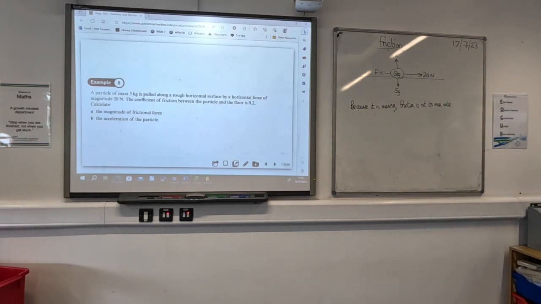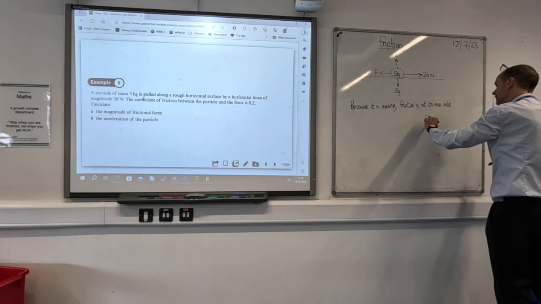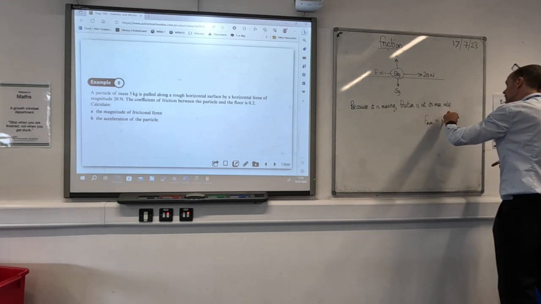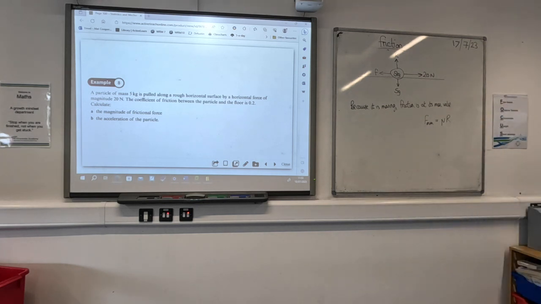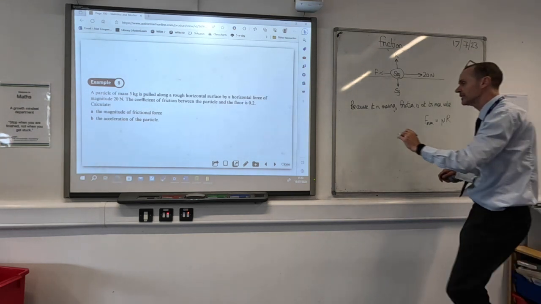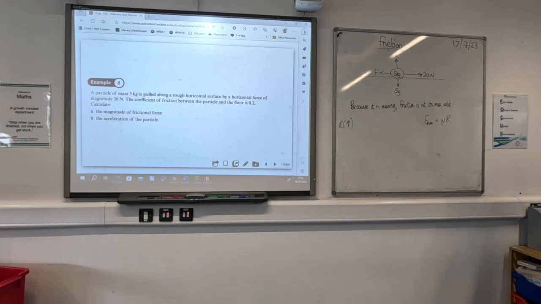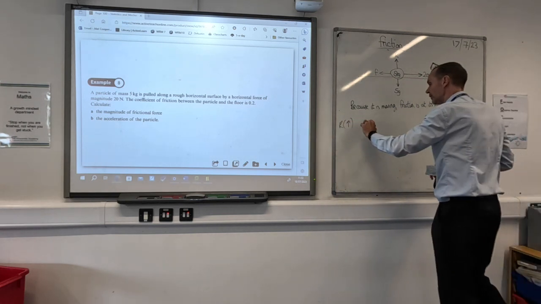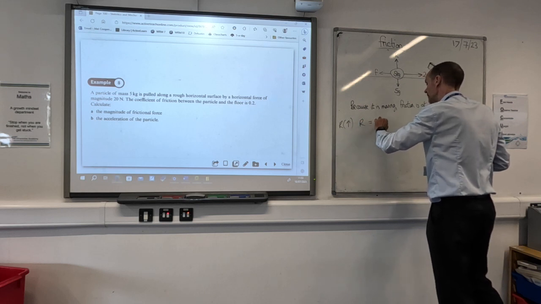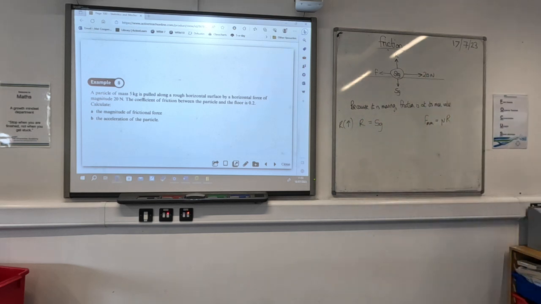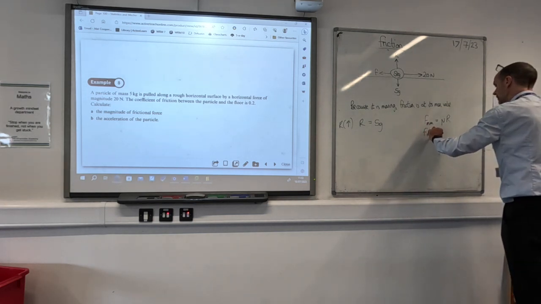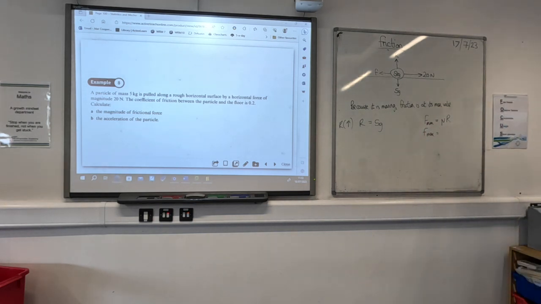And we can work out its maximum value using mu R. So the first thing I need to do is to work out R, and that's nice and easy because if I resolve vertically, we've got equilibrium, up equals down. So R is equal to 5g. I know that. And we're told the coefficient of friction, 0.2.